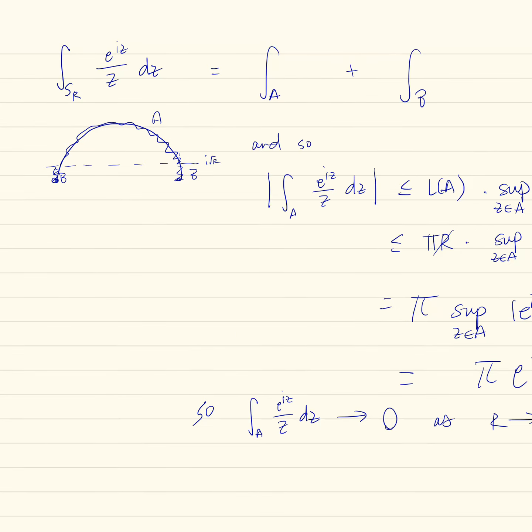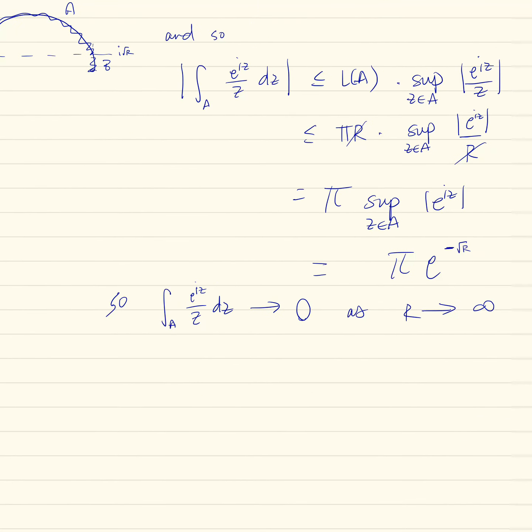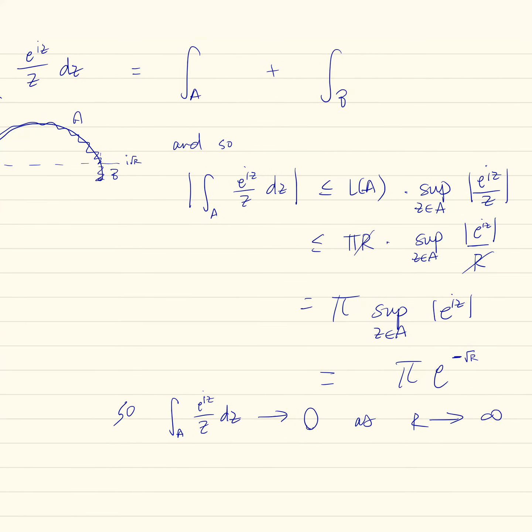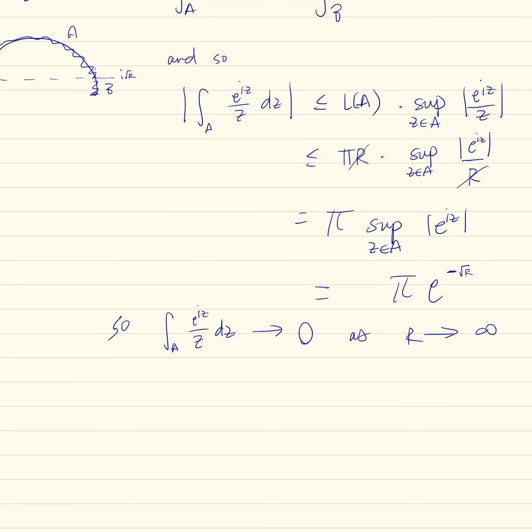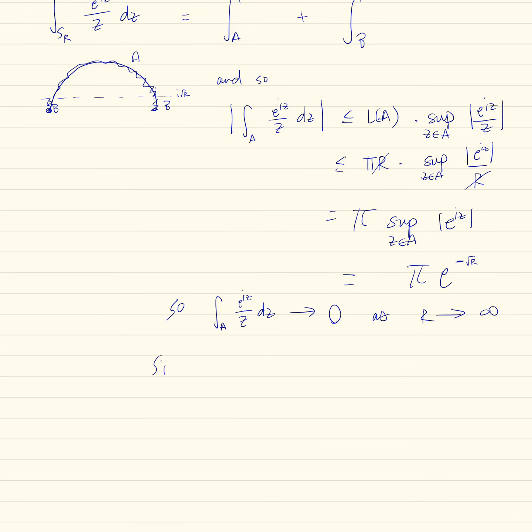So notice that A depends on r, right? So that's why we're saying as r goes to infinity, this integral is going to 0. And we do the same or a similar estimate for B. The integral over B of e to the iz over z dz is going to go to 0 as r goes to infinity, right? We did the computations in the beginning of this video.